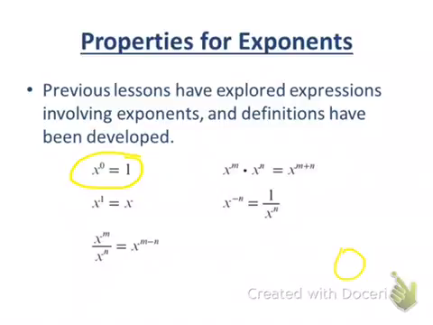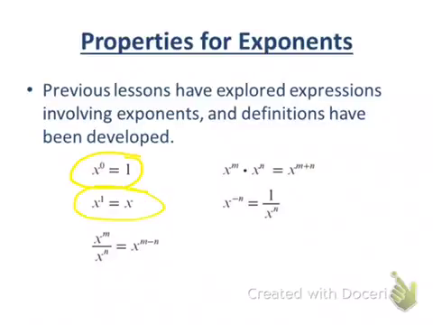Every number has 0 factors of 0, but 0 factors of 0 doesn't mean anything.